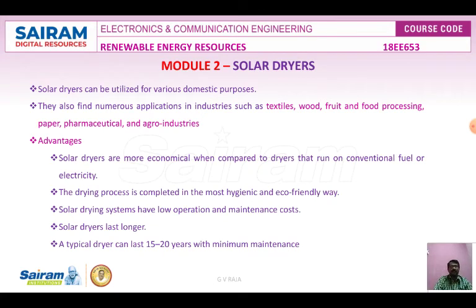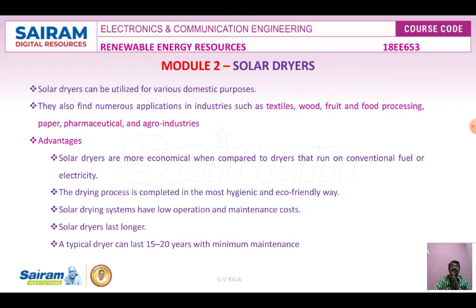Long lasting energy. If you take a fuel or charcoal in the sense it may decay, especially charcoal, coal, oil, these may decay. If you are using them for longer times, after 50 decades or after 100 decades, resources like coal which is extracted from the earth will not be available.